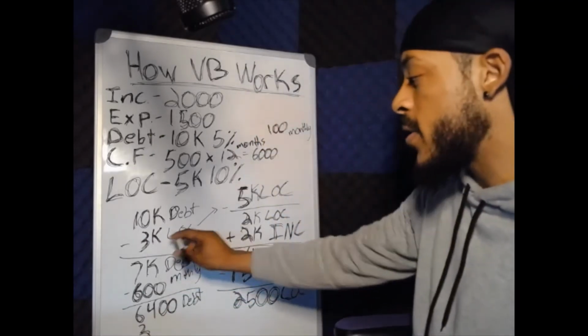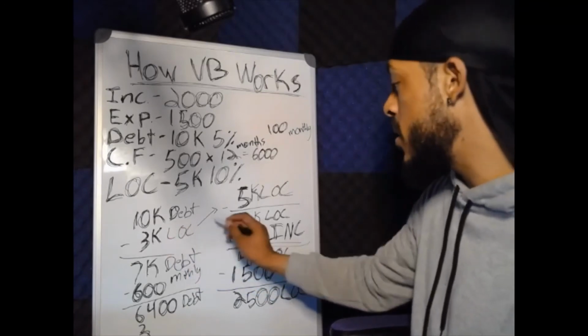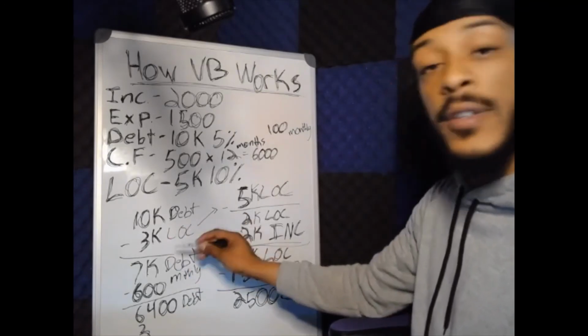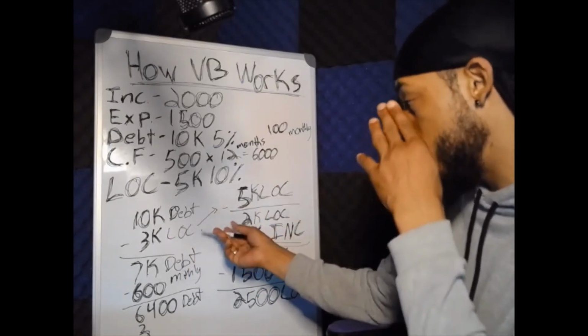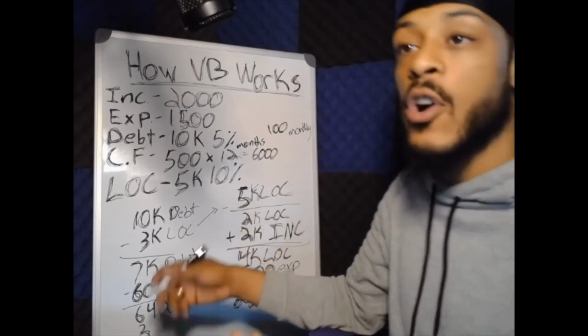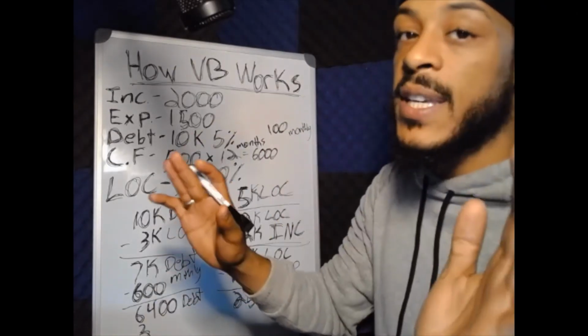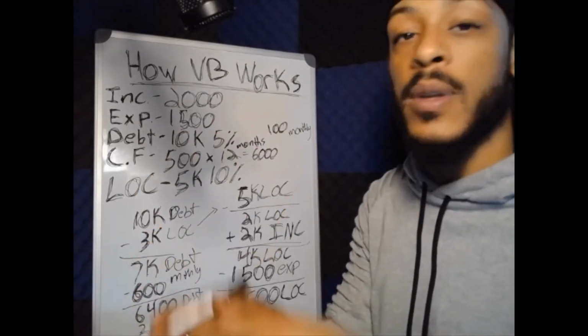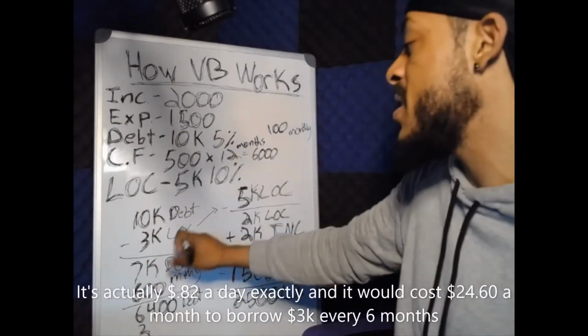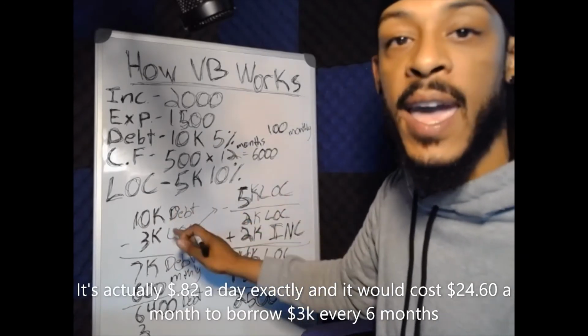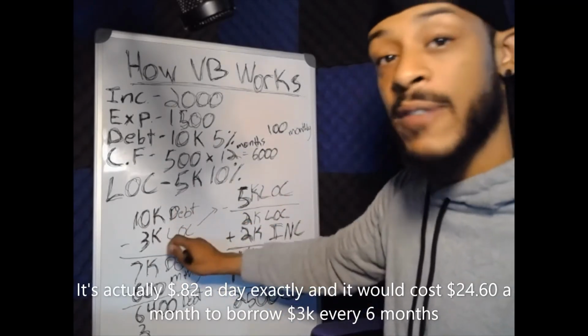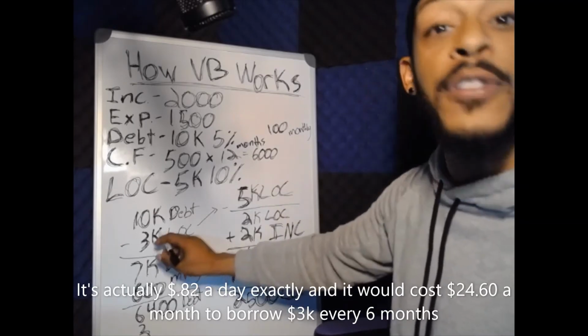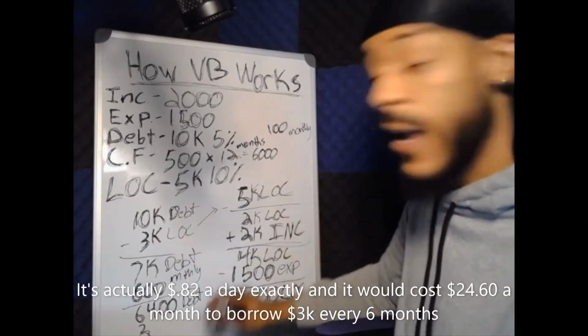Mind you, at a cost, whatever this is a daily cost. So let's just say for this line of credit, it may have cost you, please, this is not the correct math, so don't actually quote me. I'm just gonna highball it. Let's just say it cost you $1.80 a day to take out the 3,000 from the line of credit, right?